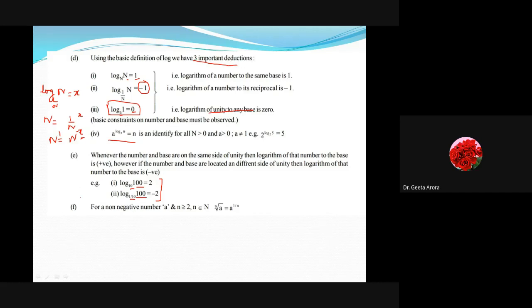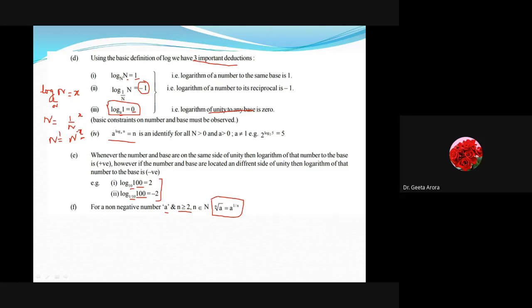The next is for non-negative number a and n greater than or equal to 2. Here I think this is a property that I have already discussed with you. If we talk about the nth root, it is used whenever we are looking for logarithms or simplification.